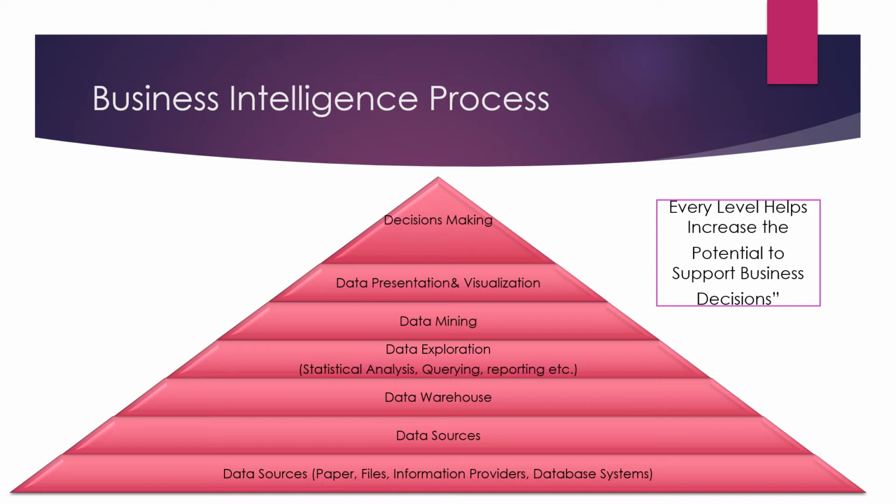Every level helps increase the potential to support the business decision system. So these are the steps of the business intelligence process, and all steps are involved at each level.